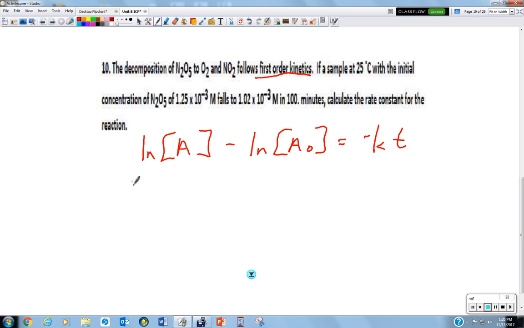So we're going to plug it in. ln A is going to be 1.02 times 10 to the negative 3 molar minus ln 1.25, because that's our original.